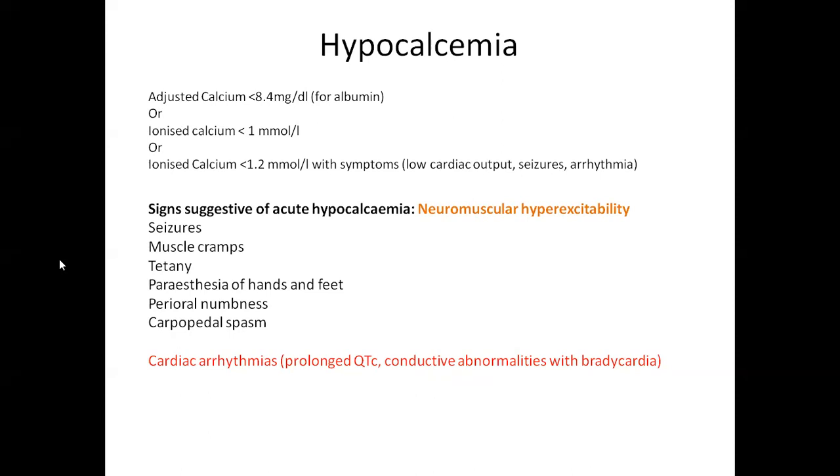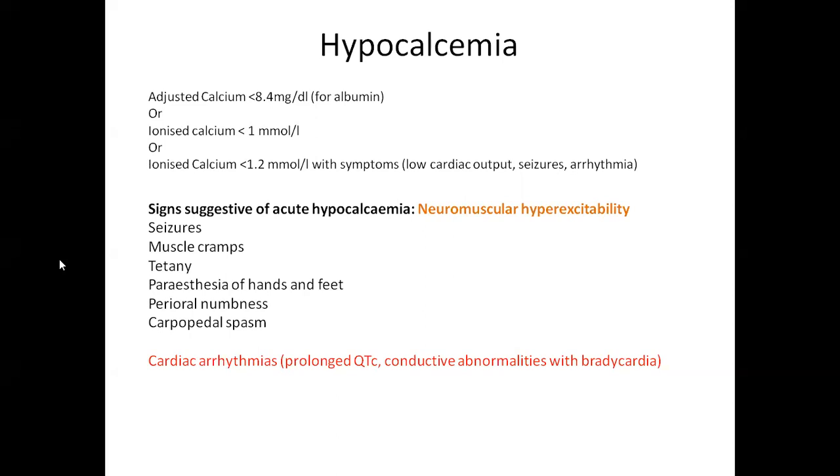What are the signs of latent tetany? We'll say two signs: Rogers sign and Chvostek's sign. Okay, good. And ECG changes in hypocalcemia are prolonged QTc and conduction abnormalities with bradycardia.